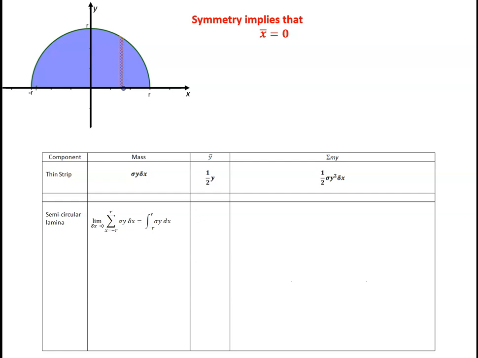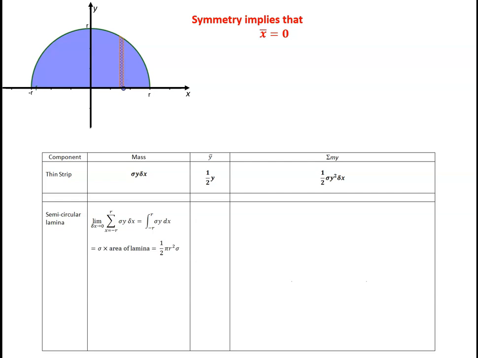In other words, sigma times the area underneath the curve. In this case we know that the area of a semicircle is a half pi r squared, so we don't need to do an integration. So we've got sigma times a half pi r squared, in other words a half pi r squared sigma.